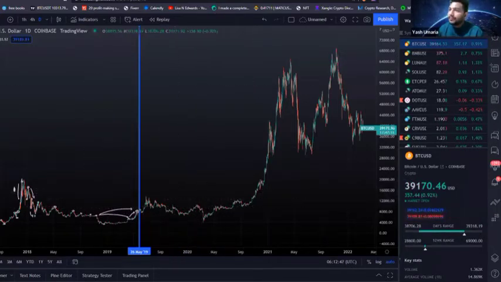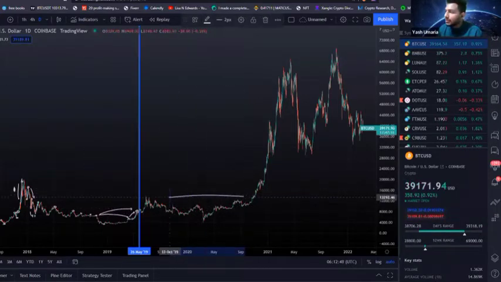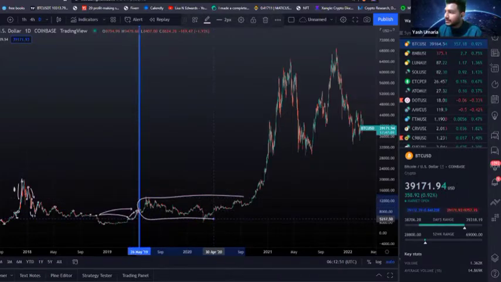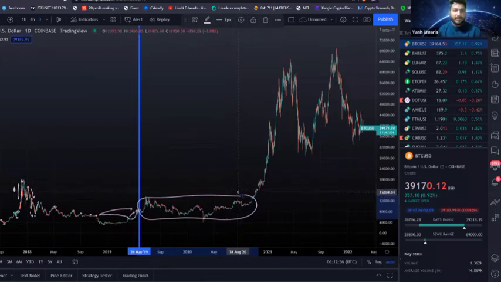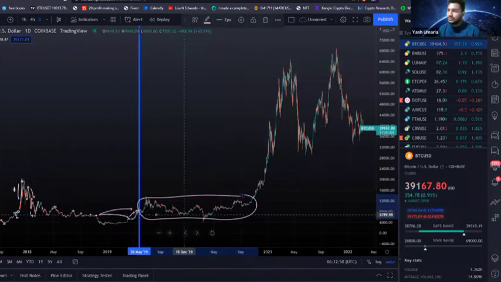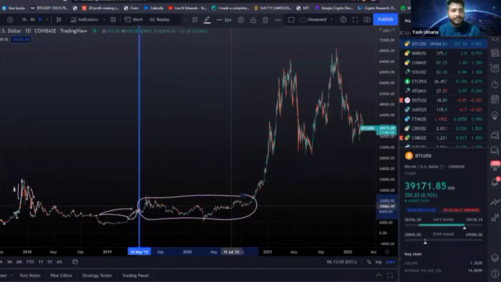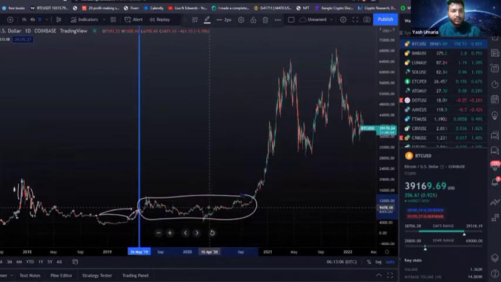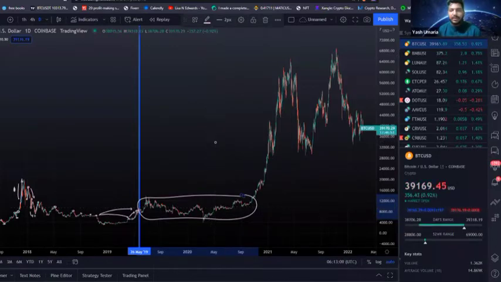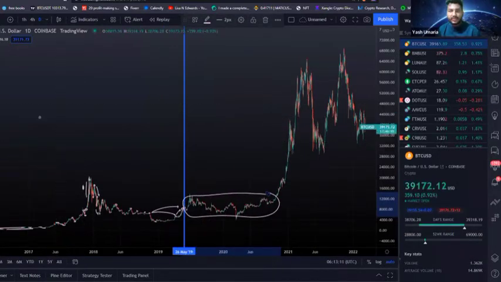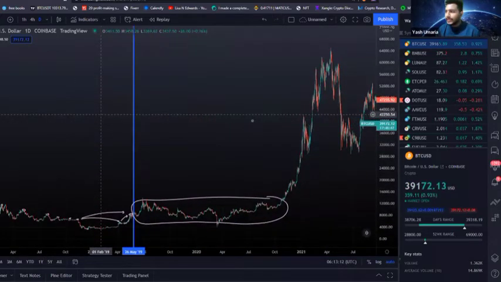Now, can you tell me what this phase is? Depending on whatever information we have gathered or whatever topics we have discussed till now, can you tell me what this phase is? See, it's an accumulation phase. Why?